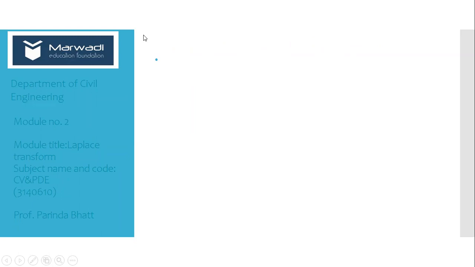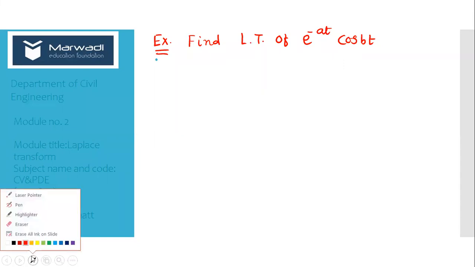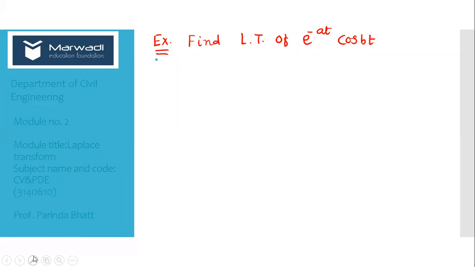First, Laplace of cos bt. This is s upon s square plus b square.